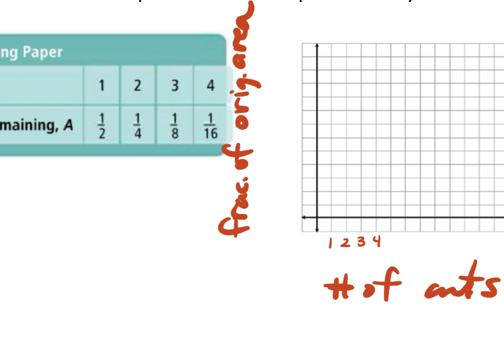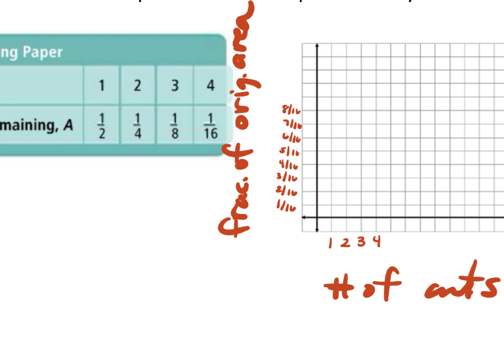Because here's why, okay? If I do, this is 1/16, this is 2/16, right? This is 3/16, 4/16, 5/16, 6/16, 7/16, 8/16.